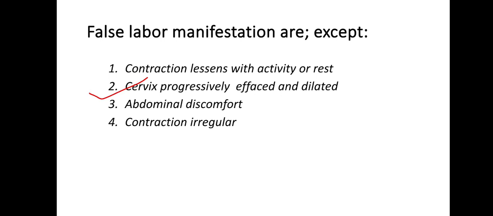While in true labor, the abdominal pain will radiate to the back and lower leg or thighs. In false labor, the abdominal discomfort will only be around the umbilicus. And in false labor, show will not be present.